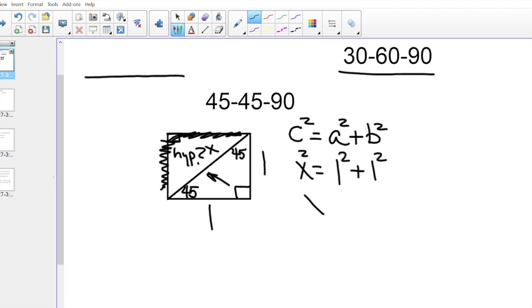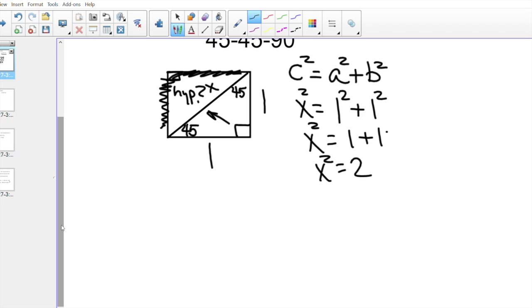So we have x squared is equal to 1 plus 1. x squared is equal to 2. Now, take the square root of both sides, and x is the square root of 2. So, the hypotenuse, or the side opposite the right angle, is the square root of 2.